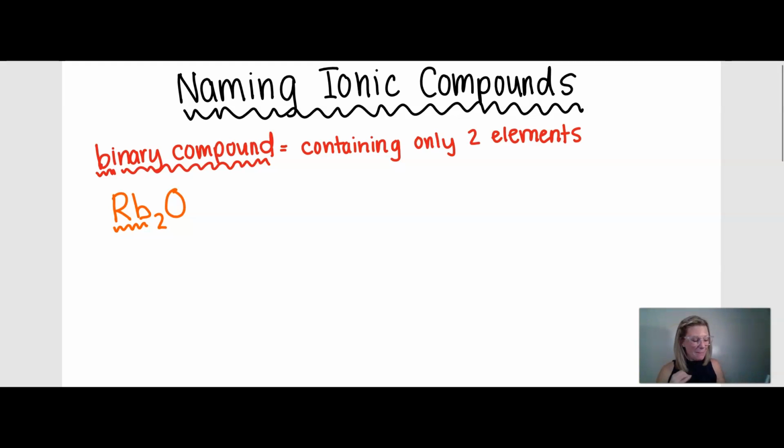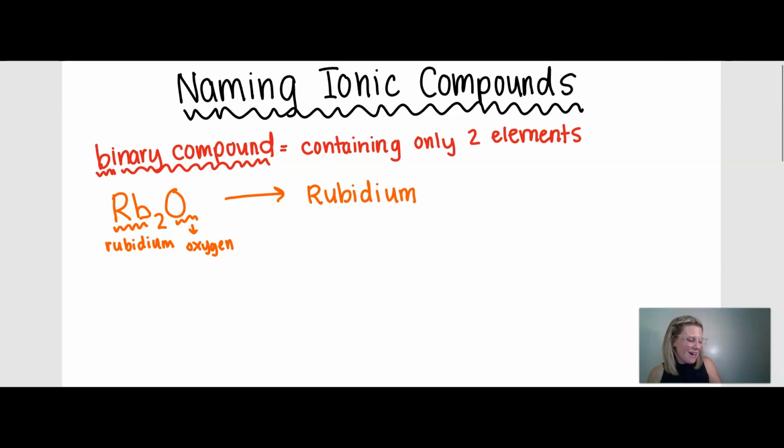Okay, but our Rb is going to be rubidium, and O is going to be oxygen. However, this is not how we name this compound. The name of this compound is actually going to be rubidium oxide.